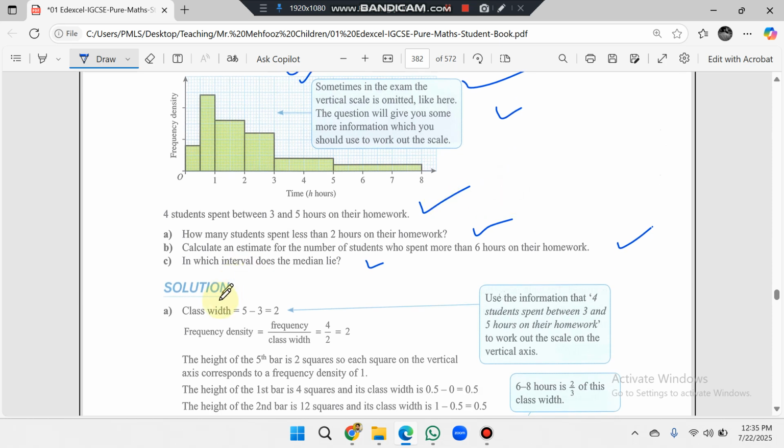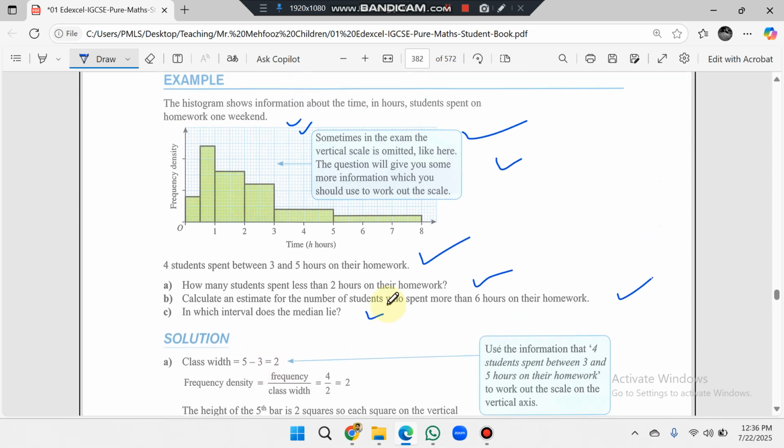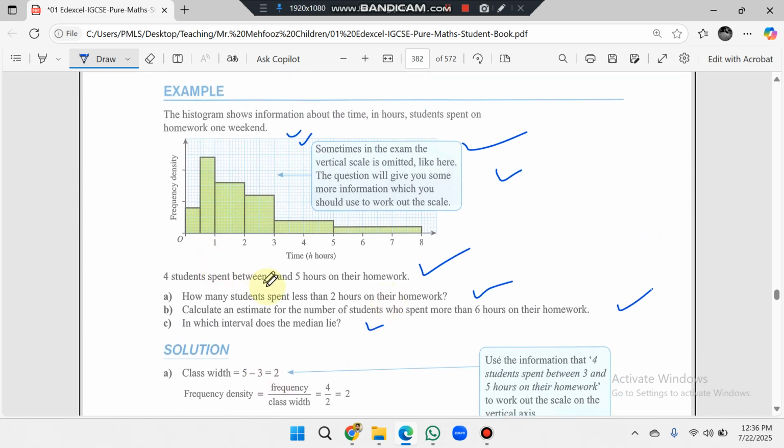So first of all, the class width is basically 5 minus 3. So where is class width? 4 students spend 3 and 5 hours on their homework. So 5 is your highest class, 3 is your lowest class.